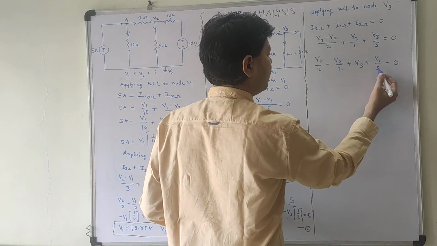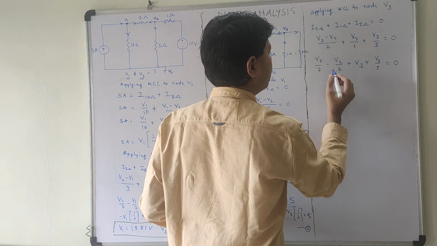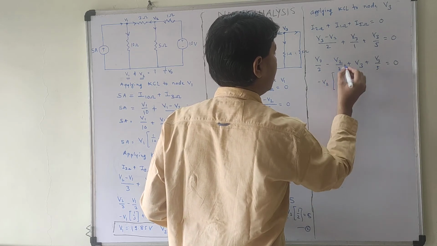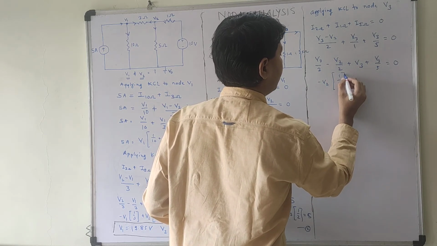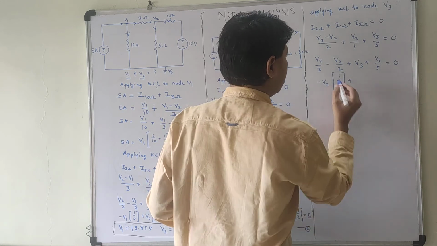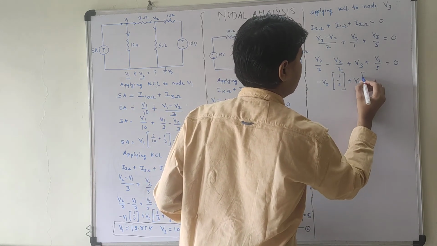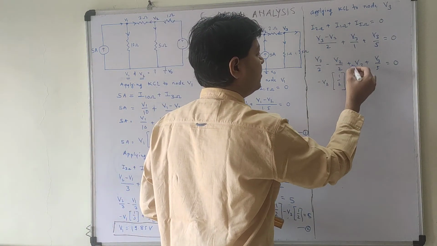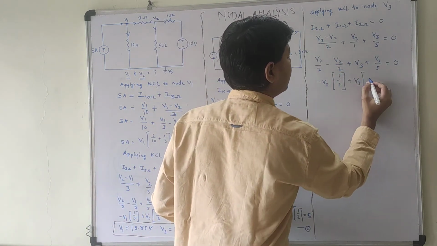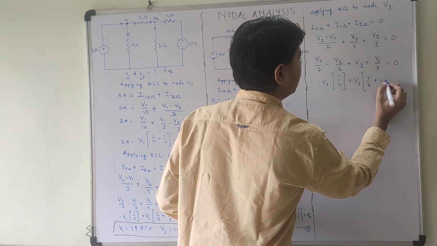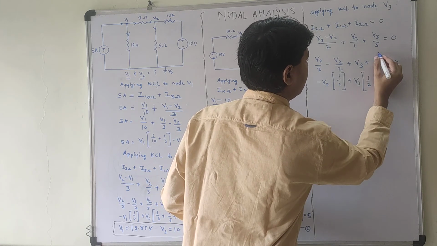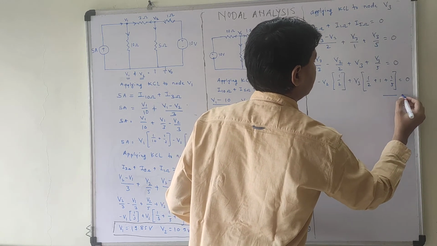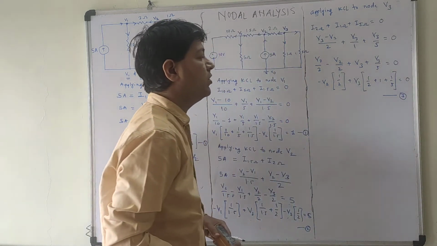There are no V1 terms here, so V1 is 0. V2 terms are there, so minus V2 times 1 by 2, plus V3 times (1 by 2 plus 1 plus 1 upon 5), is equal to 0. This is your third equation.